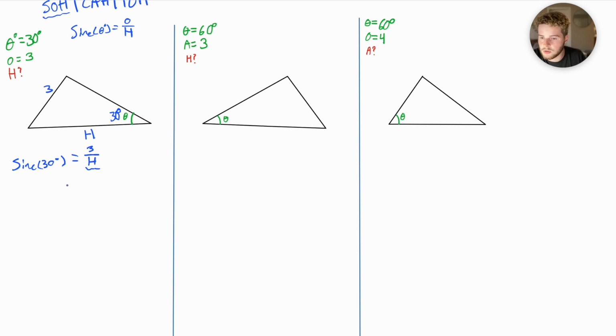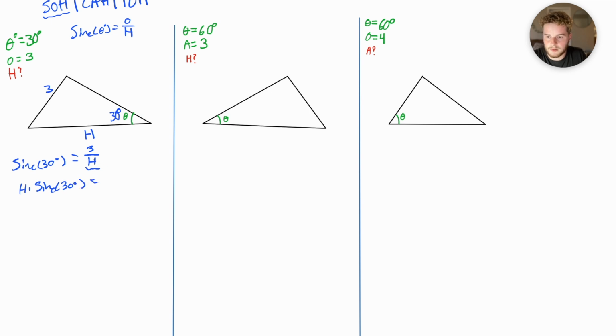So what we can do is use algebra, and this might be your first experience with algebra, so I will briefly explain it. In algebra, you have to do one operation on one side, also to the other side of the equal sign. So we can multiply both sides by the hypotenuse, and we'll have h times sine of 30 degrees.